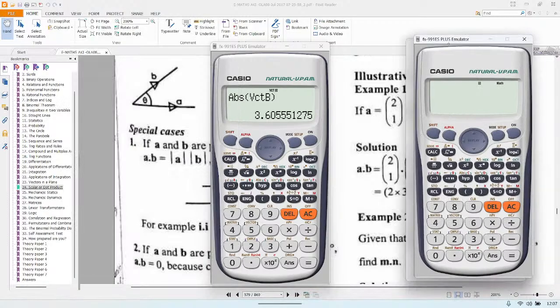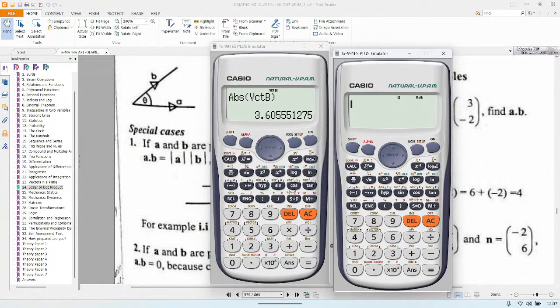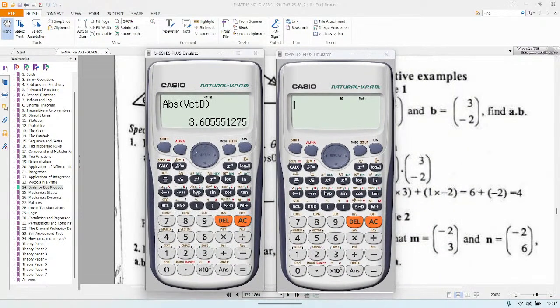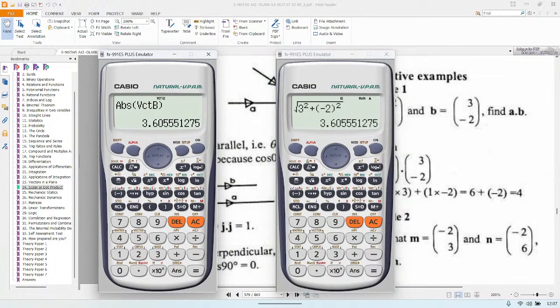I have two calculators here. Magnitude of B: 3 square plus negative 2 square. What will you get? 13, which is 3.606. Can you see that?